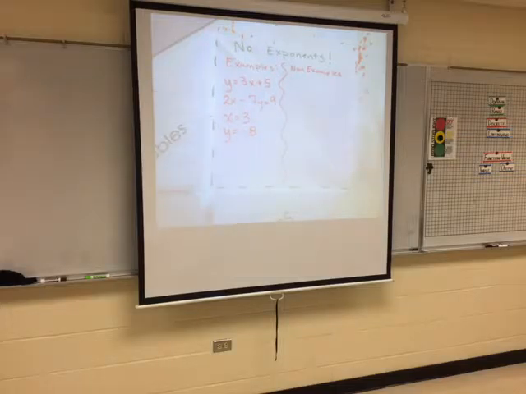All right, so let's do some non-examples. So if I have like y equals x squared plus 4. See the exponent? That's squared. Makes it not a function, not a linear function. Or if I have x plus y cubed equals 5.